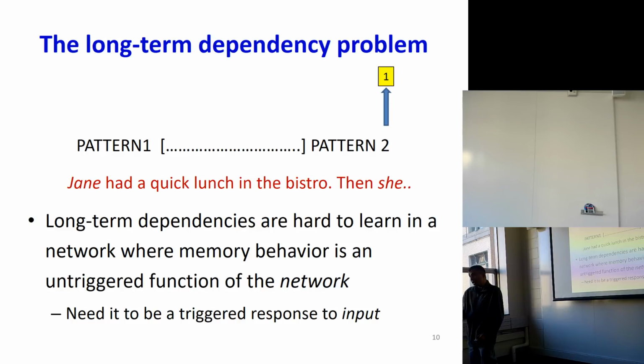Whereas what we really want is something where the ability to remember something, or when you choose to forget something, must depend not on the structure or the parameters of the network, but on what you have seen.